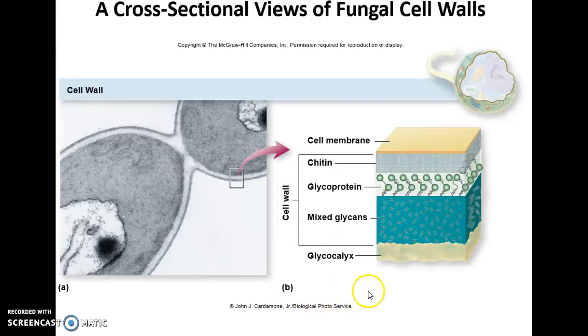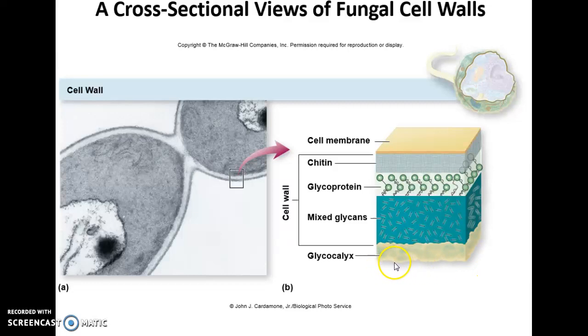Alright, and here's the cell wall itself. And this is the interior of the cell as depicted with this arrow coming away from this cell here. You have the cell membrane, then there is this layer of chitin, there's glycoproteins, mixed glycan molecules that with the combination of these 3 contain or create the cell wall, and then the glycocalyx.